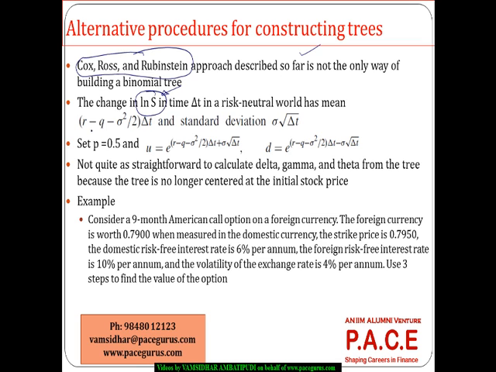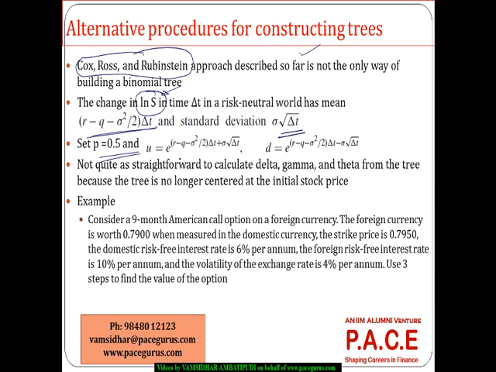So we know that log s will have a mean of r minus q minus sigma squared by 2 times delta t, and a standard deviation of sigma square root of delta t.